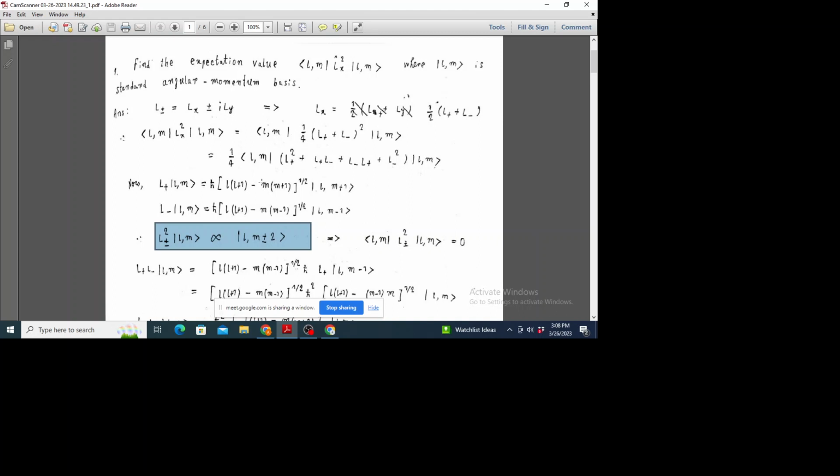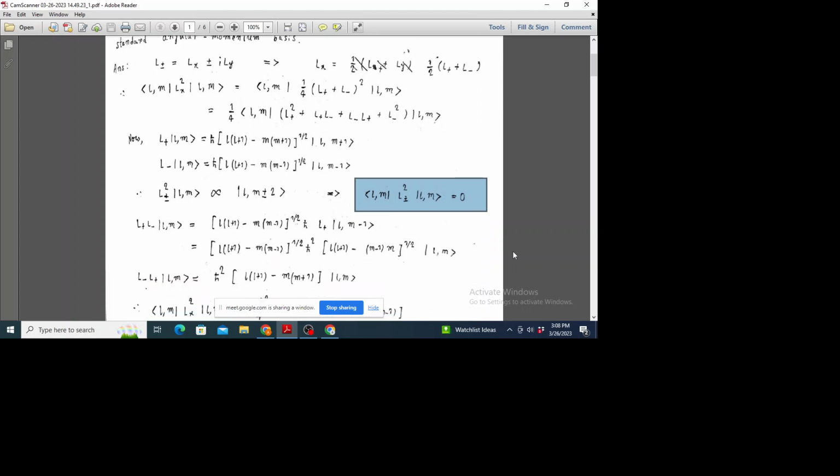Of course, if we take the inner product of the bra <l, m| with the ket |l, m plus or minus 2>, that will definitely be 0 because of the orthogonality of these |l, m> basis kets. That means these two expectation values are 0.